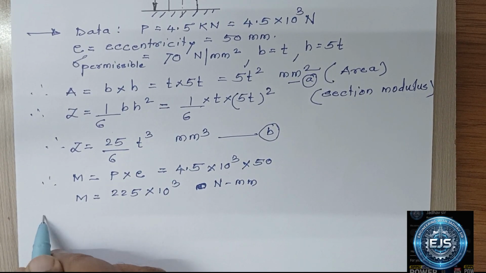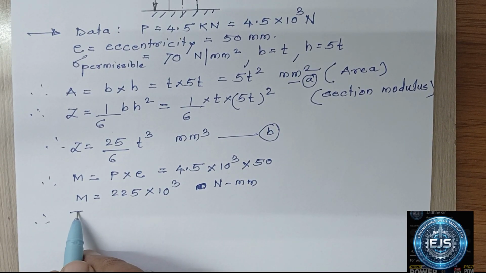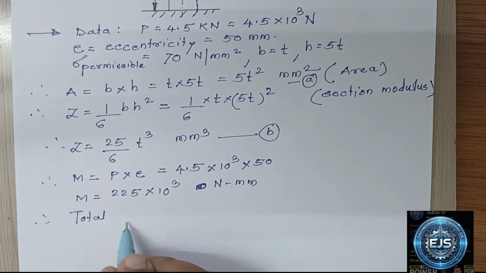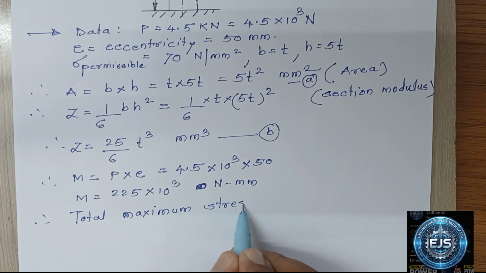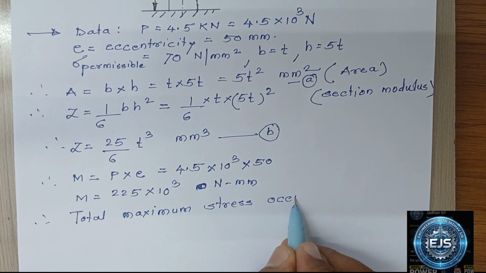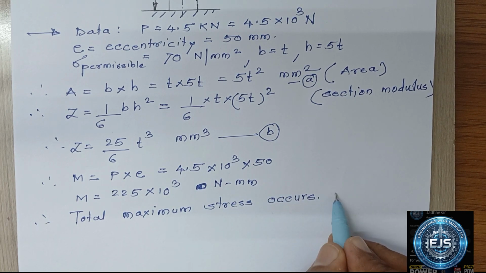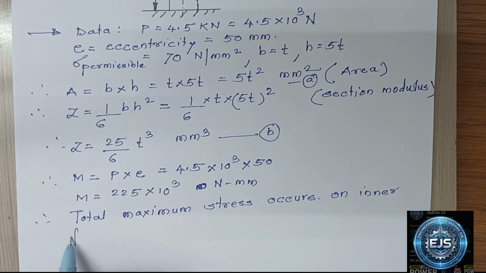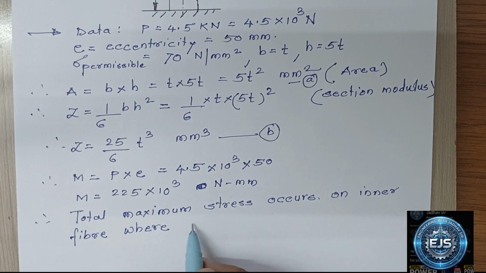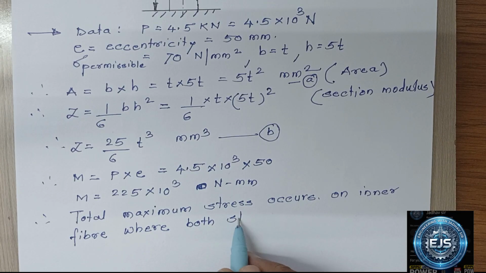So we can write that the total maximum stress occurs on the inner fiber, where both stresses, direct stress and bending stress, are tensile.